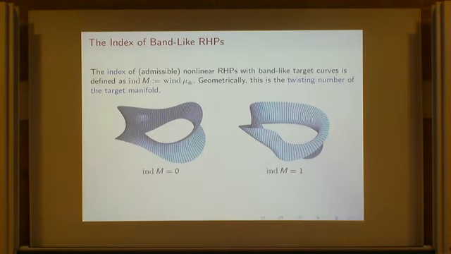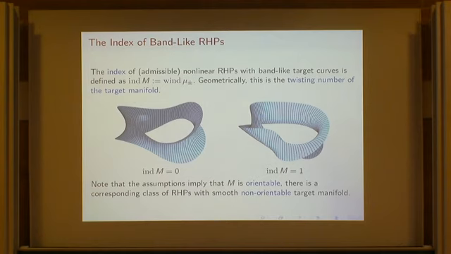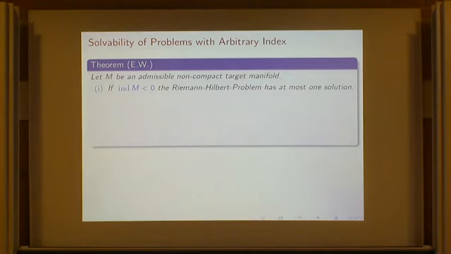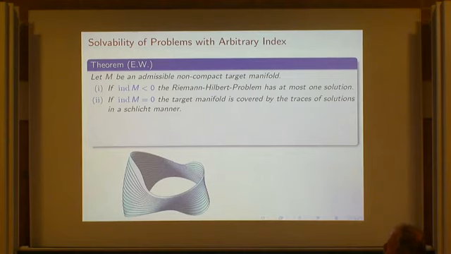So now, again, we have an index. I think this need not be explained. We have orientable and non-orientable target manifolds, and this is the main result. If the index is negative, then we have at most one solution. And this requires additional conditions. Only in special situations a solution can exist. This is the best case.